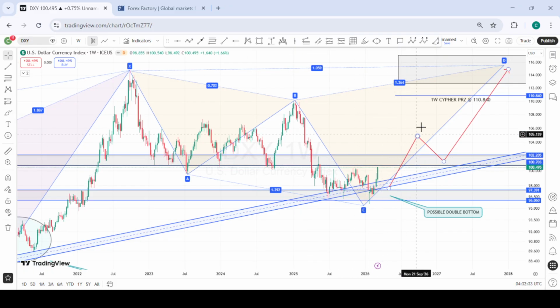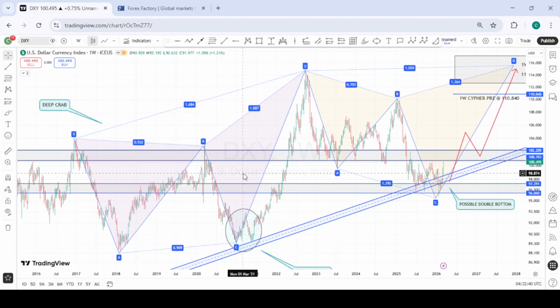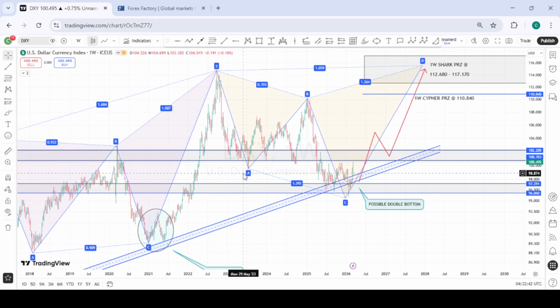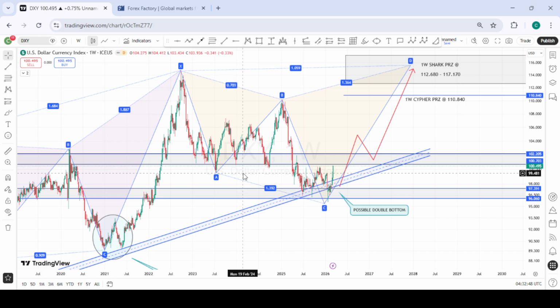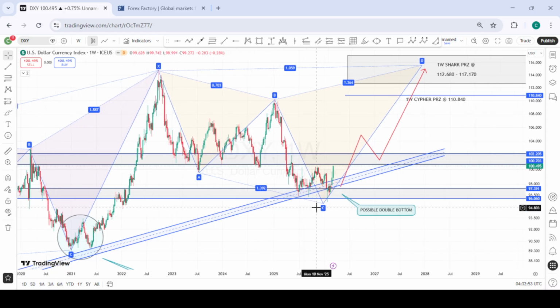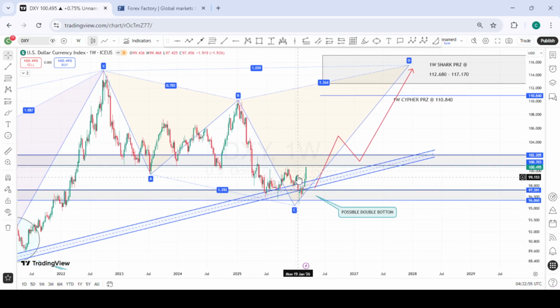If price is able to break through this zone and counts for a retest, then we know it's going to be an up movement for the DXY for quite some time, or a very long time. So let's be on the lookout. We are extremely bullish for DXY now, and as you can see, we have this double bottom formation happening here.